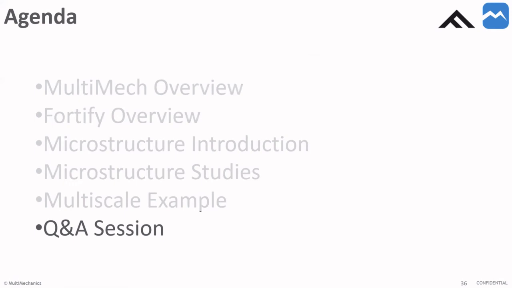I think the first one's more of a MultiMech specific question. Is there a plan to provide a MultiMech plugin for LS-DYNA? LS-DYNA is the explicit version of the solver. So the answer is we currently don't have a plugin for LS-DYNA.